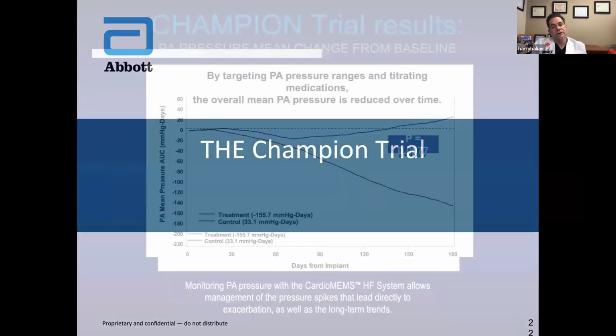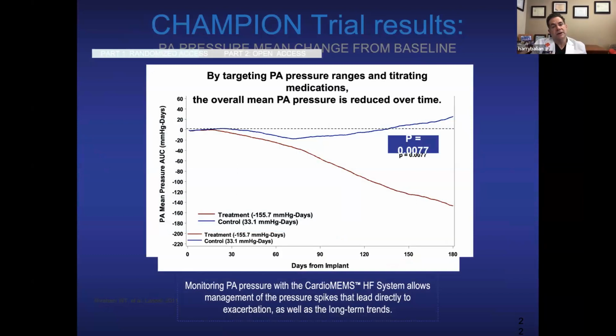The CHAMPION trial showed that patients who got the CardioMEMS device, and whose wedge pressures were followed and diuretics titrated appropriately, were kept out of the hospital, and their overall hospitalization rates were lower because we were able to keep track of their PA pressure and wedge pressure changes on a regular basis and be proactive about their treatment.